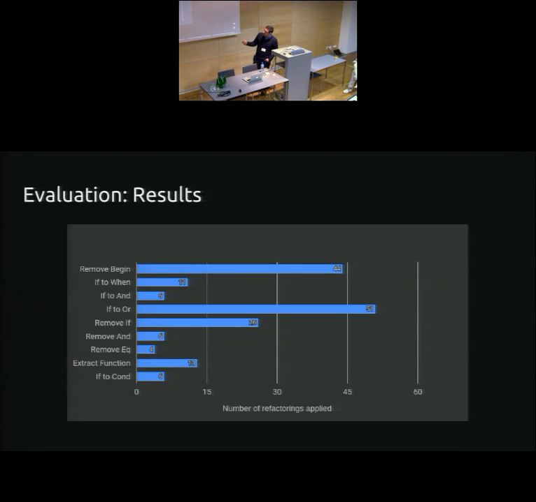And there are a lot, mostly changing ifs and conditions. Removing begins happens when you use the begin when it's not needed, like in lets, conds, or whens. And the last two are the more structural operations that have a bigger impact on the structure of the program.